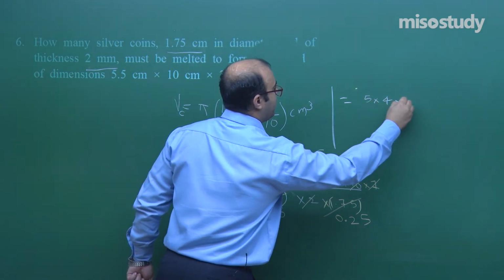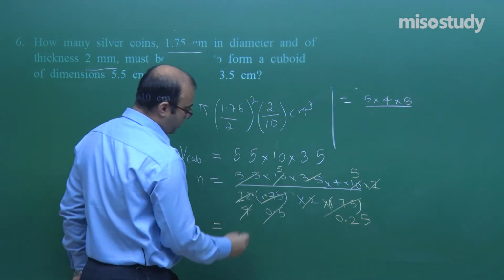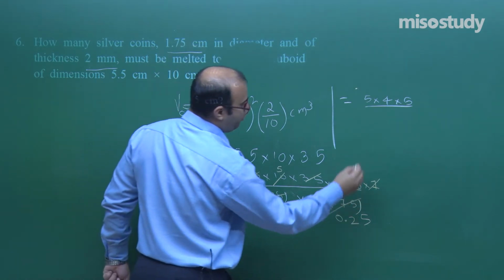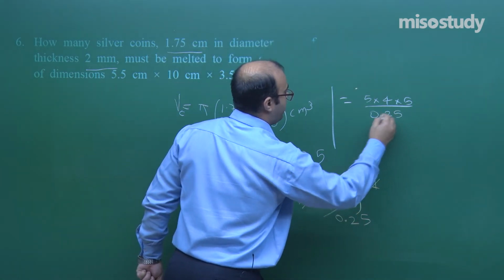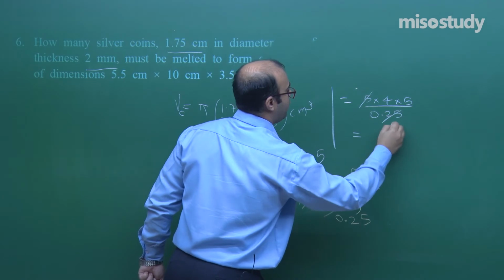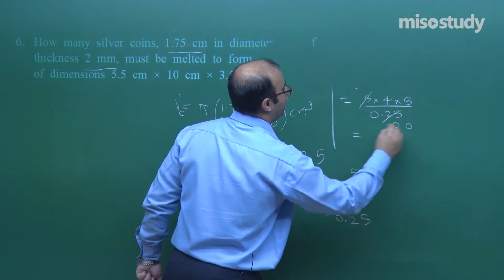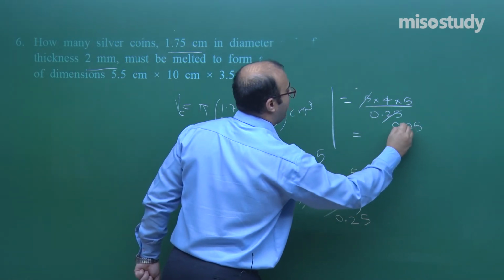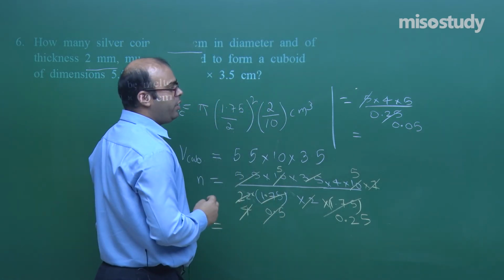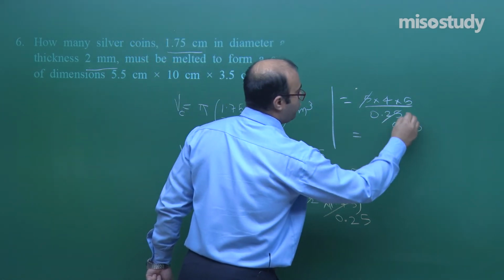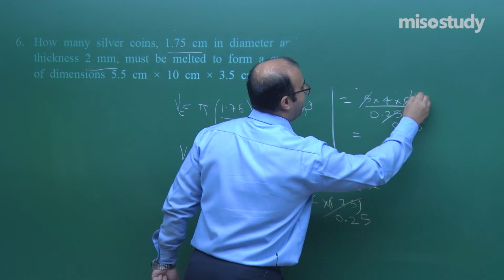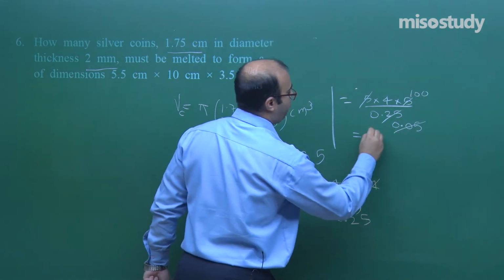Let us write it like this. Upon, here nothing remains, here only 0.25 is there. So we can take the decimal and we can take again 0. So it is 0.05. So 0.05 and 5, this will become 100. So this will become 400.